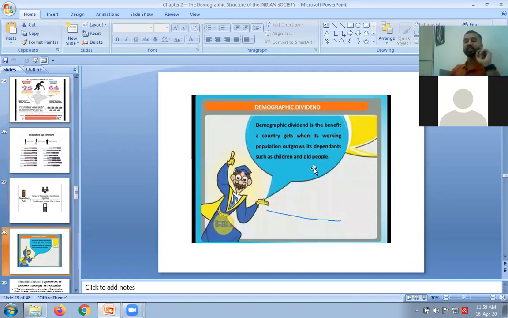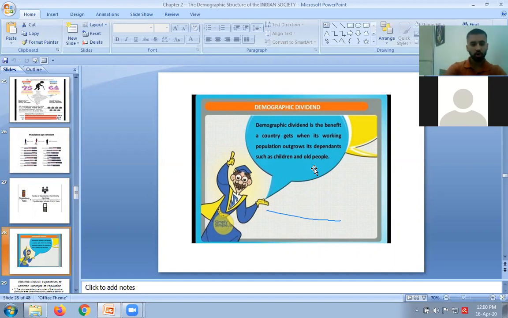So demographic dividend is a condition when we're going to have more working population than non-working population. When we have less non-working population and more working population, it's going to give you a condition of demographic dividend. Demographic dividend is a very good condition. There is less burden on the working population.